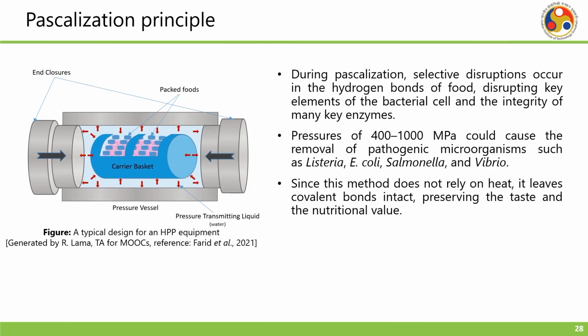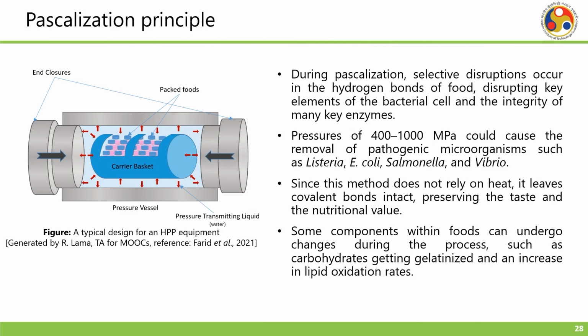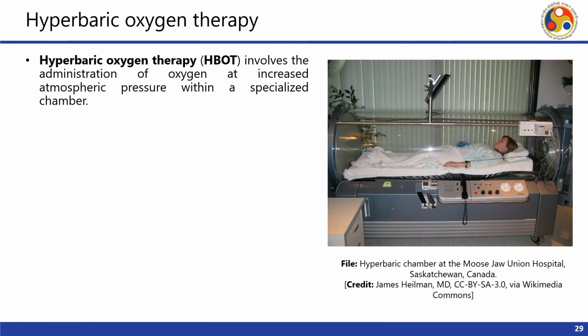Since this method does not rely on heat, it leaves covalent bonds intact, preserving the taste and the nutritional value. Some components within foods can undergo changes during this process, such as carbohydrates getting gelatinized and an increase in lipid oxidation rates.